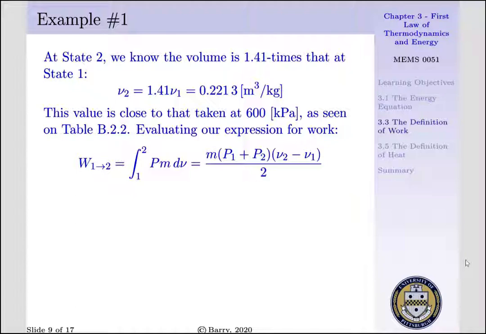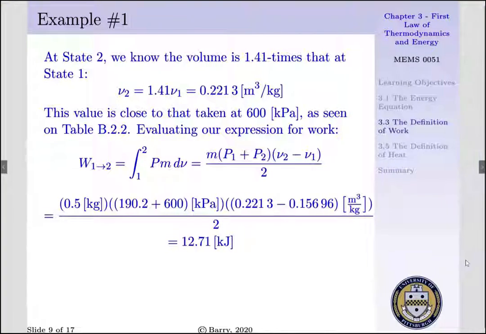And this will be an average value that is outside our integral. Thus, we'd have P average times our mass times the integral from state 1 to state 2 of unity, d nu, which is just the difference of our specific volume between state 2 and state 1. So our work from state 1 to state 2 would be equal to m times the quantity P1 plus P2 times the quantity nu2 minus nu1, over 2.